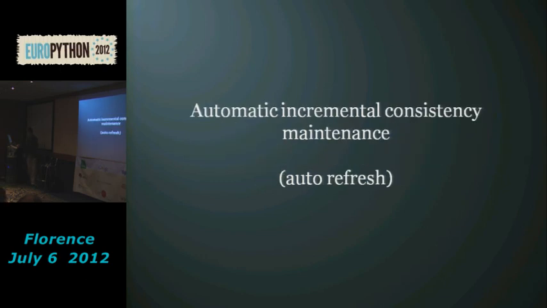We also do automatic incremental consistency maintenance. Bit of a mouthful there. Put simply, auto-refresh. You may be used to the fact that when you develop a web app or a GUI app, often in response to state changes in the underlying object, you have to go in and modify your visual representation to take that into account.